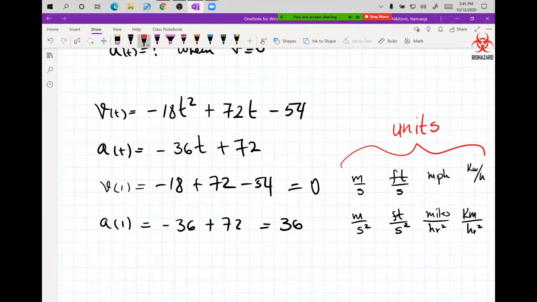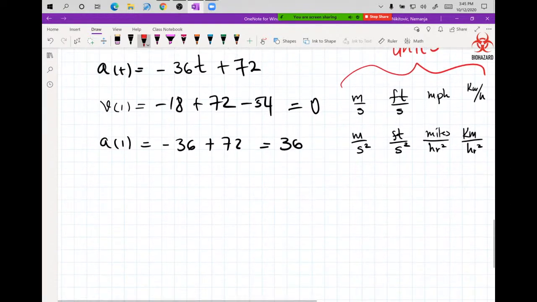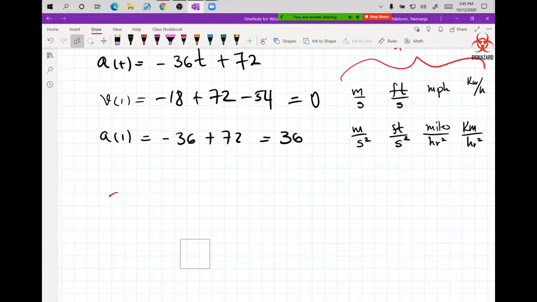But why is it squared? Oh, because you have the time, right? So when you have your position S, S is measured in, let's say, meters. Well, let's do feet. So S is measured in feet.